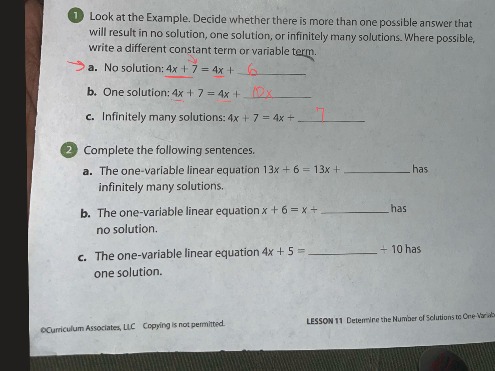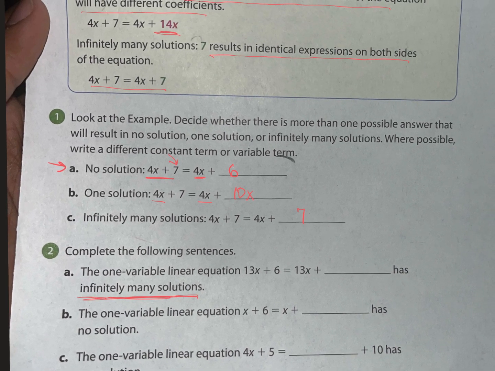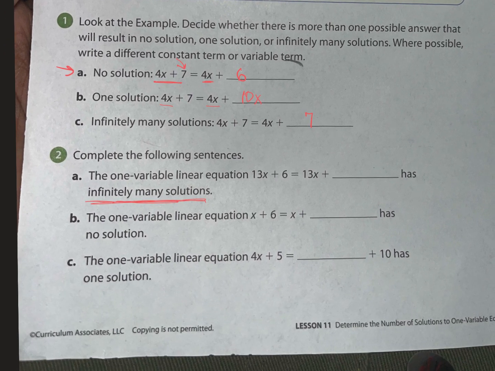The one variable linear equation, 13x plus 6 equals 13x plus something, has infinitely many solutions. And we said that in infinitely many solutions, they're identical on both sides. So you're just going to say 13x plus 6 equals 13x plus 6.